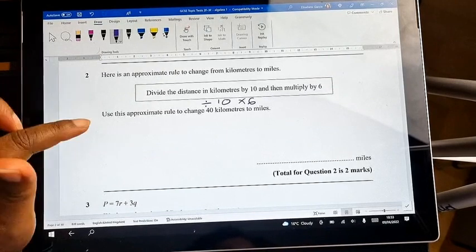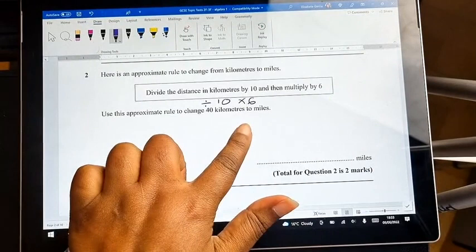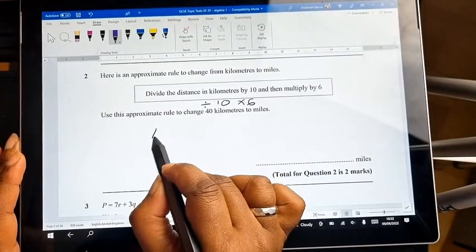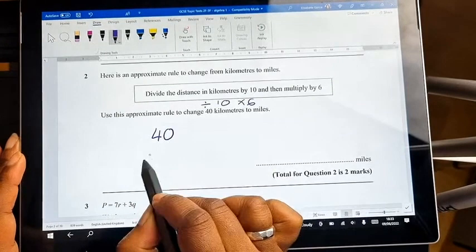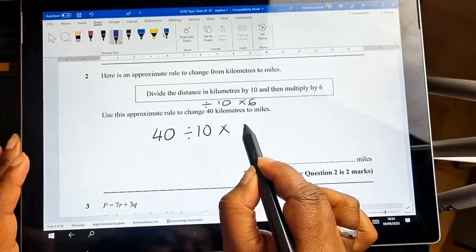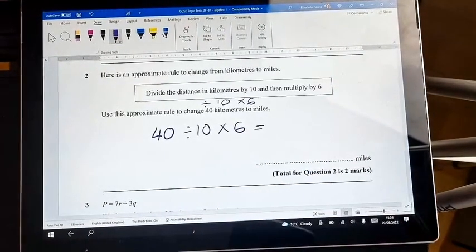Now, the next one. So we have here, use this approximate rule to change 40 kilometers to miles. So when we have 40 kilometers, we divide the distance, which is 40 kilometers, by 10 and multiply by 6. We're following the same rule, and we're getting that into miles.